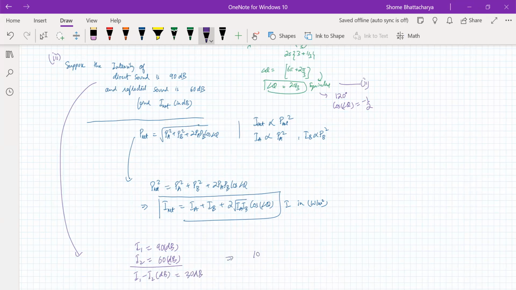So that means 10 log I1 by I2, in watt per meter square, is equal to 30. That means log I1 by I2 is equal to 3, so I1 by I2 is 10 raised to 3. So whatever I1 is in watts per meter square, it is 1000 times I2 in watt per meter square.